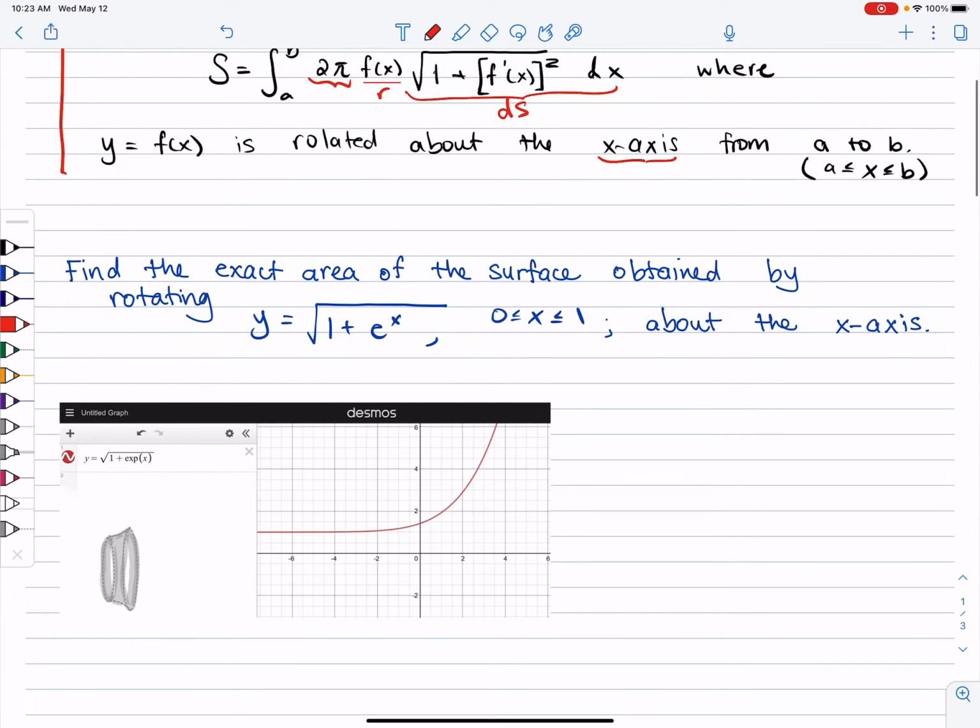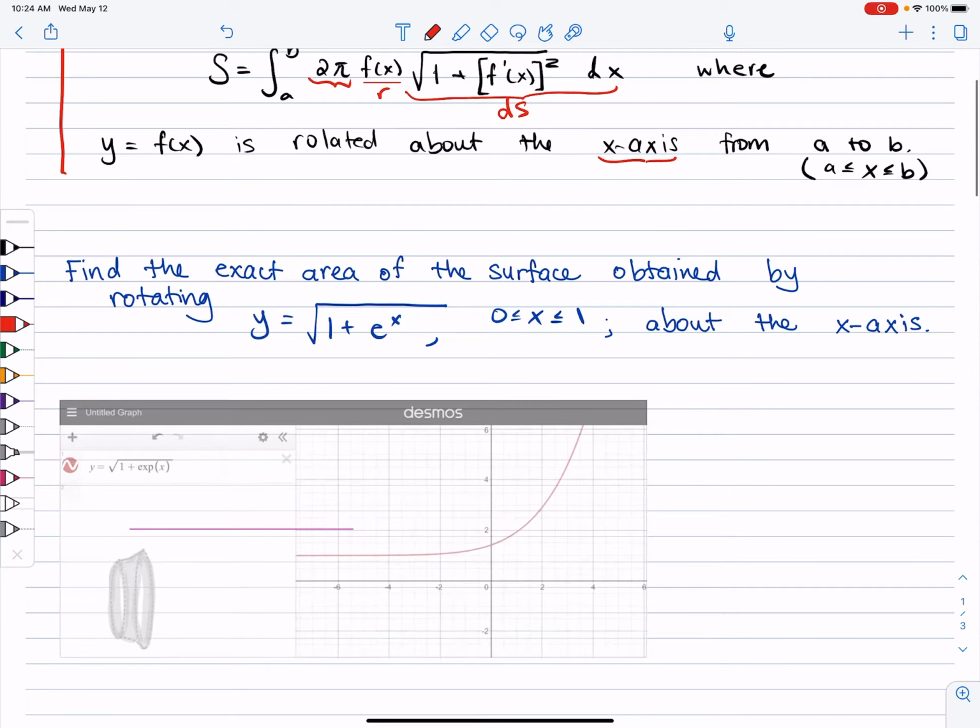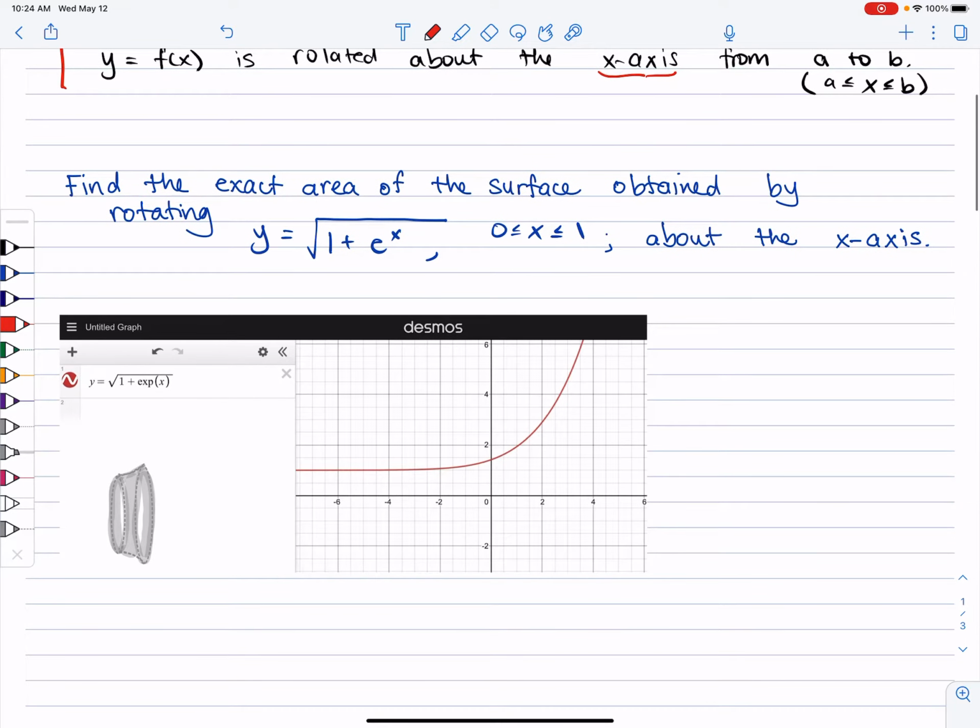So the first thing I would like for us to do is to look at the graph. So here I have a portion of the graph. So we have f of x there, where f of x is equal to the square root of 1 plus e to the x. And what we want to do is look at the x values from 0 to 1 inclusive.